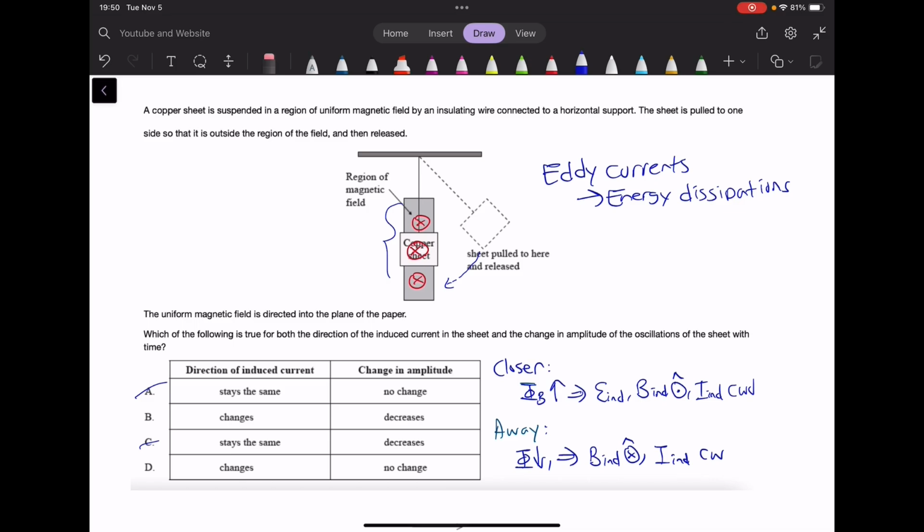And what happens is when eddy currents are present, we are going to have damped oscillations, which causes amplitude to decrease. So B is the answer.